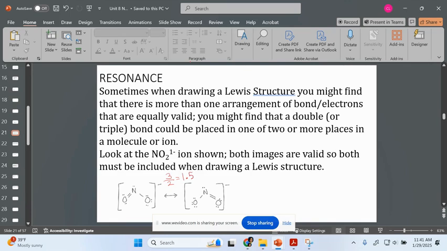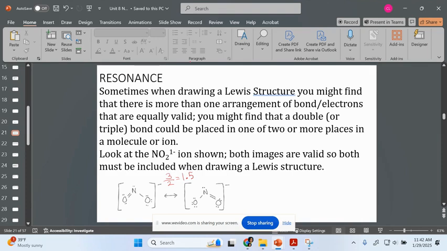Now, what is bond order indicative of? Do you know what indicative of means? It indicates. Okay. So what bond order indicates is the strength of the bond. The higher the bond order, the stronger the bond.